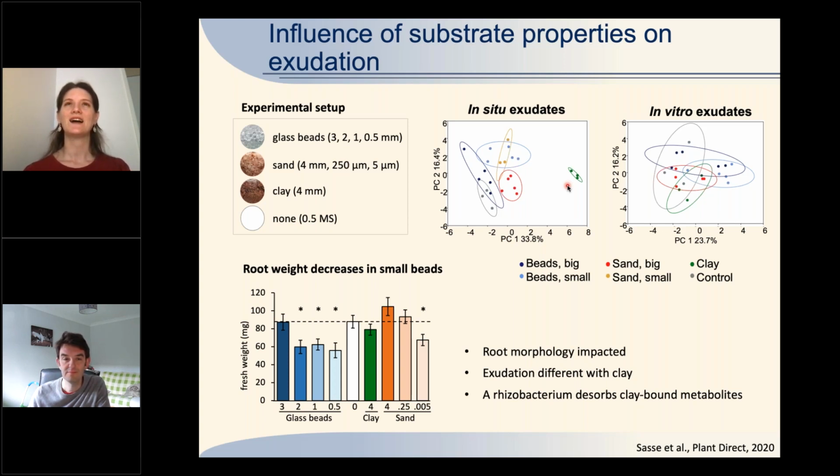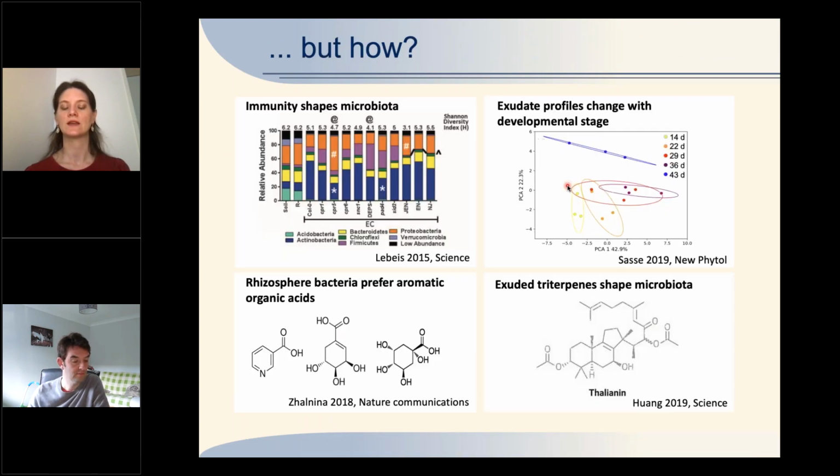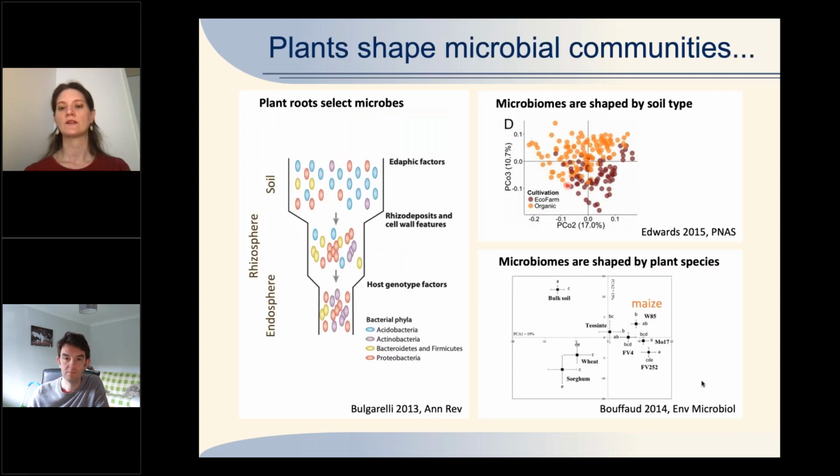So I'm not aware of a study that actually looked into that. There are some correlative studies, some of which I mentioned in the beginning, that were correlating different, for example, genotypes with different exudate profiles or different microbiomes. So we do know that different exudates correlate with different microbiomes.